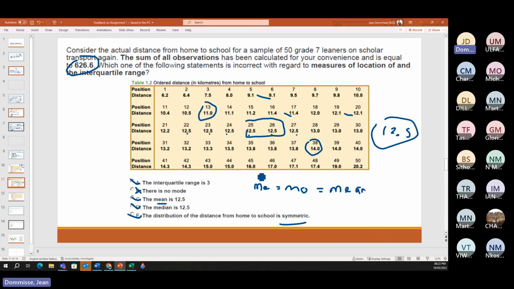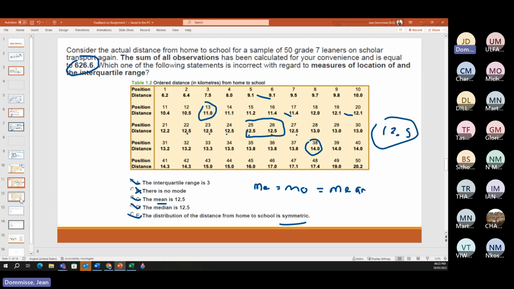Yes, it is, and the only time that it is symmetrical is when your mean, median, and mode is exactly the same. Okay, and in this instance, it was 12.5, so it is spot on.